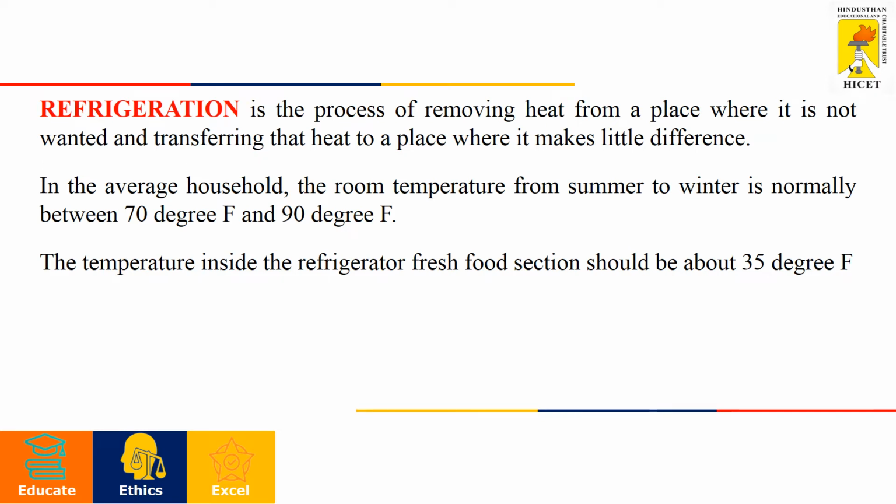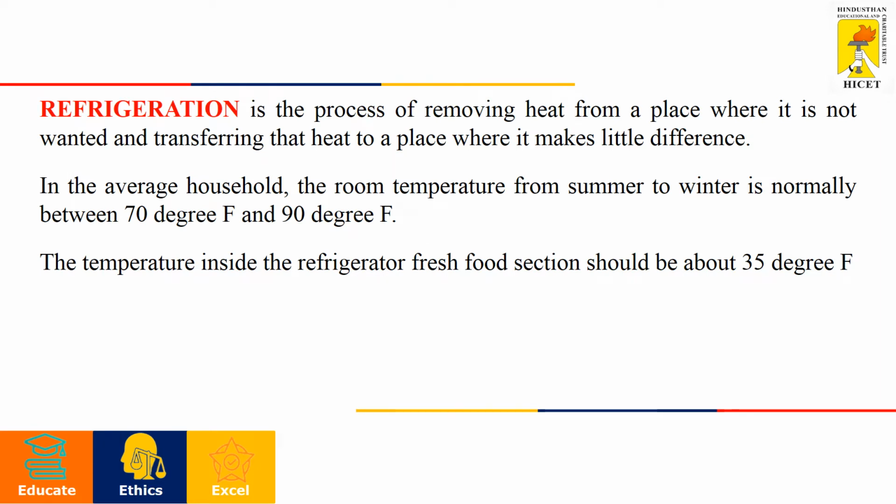So what does it do? It removes heat from maybe veggies, or some fruits, or some meat, or some food we stack. Why does it remove it? To keep the products fresh.